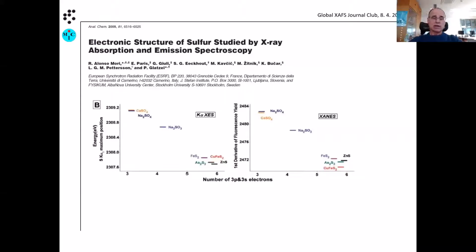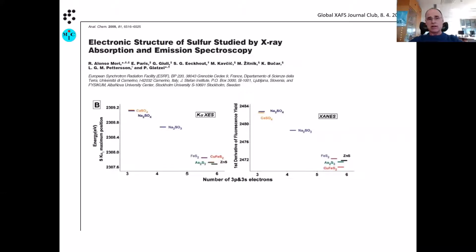It turns out, of course, that sulfur, or these solid materials, are of big interest to the community. This was one of the first papers we made, and it is a good one, still receiving regular attention. I see the citations are coming, and you can see one of the results.